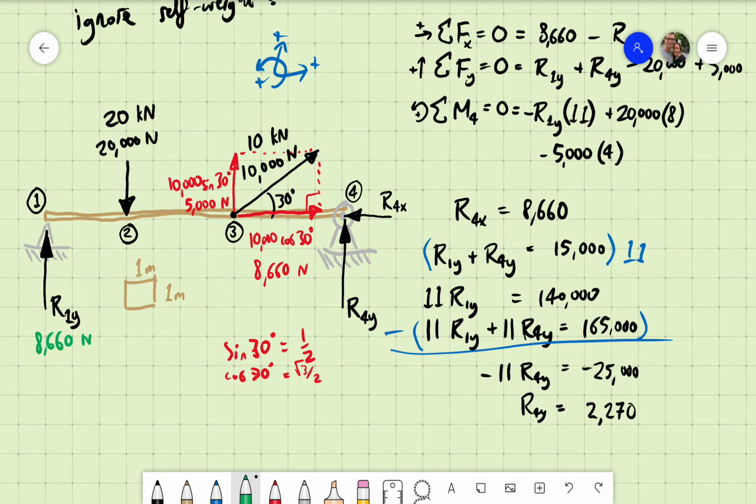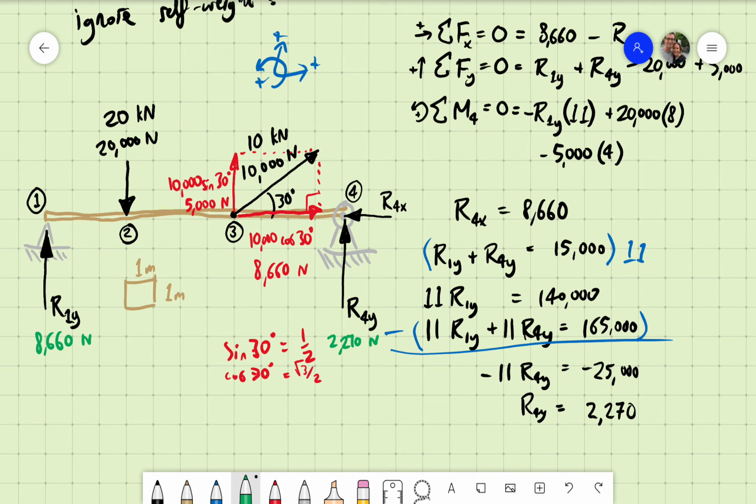And remember, the fact that I got a positive answer means that my initial guess as to the direction of r4y was correct. That's what the positive answer means in these equations.